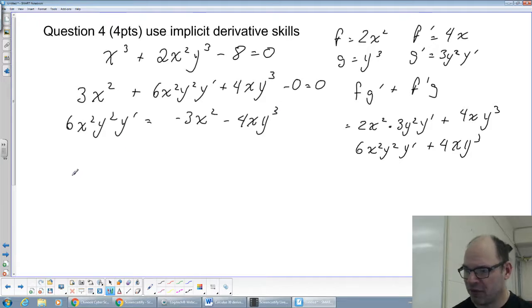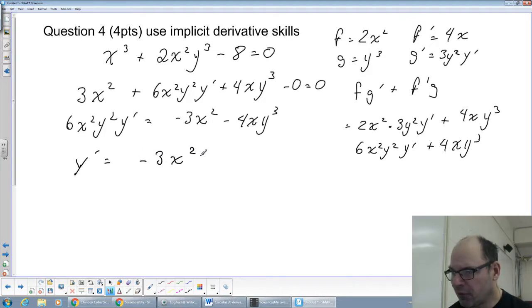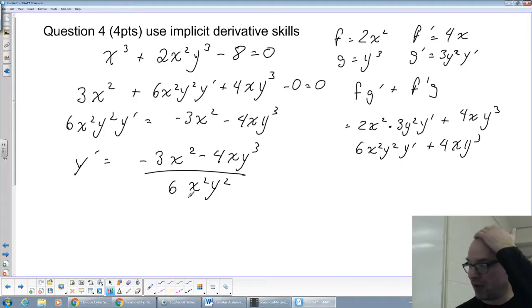Divide both sides by this value, negative 3x squared minus 4x y cubed all over 6x squared y squared. Okay, we could reduce an x out of each because there's an x there, an x there, an x there.